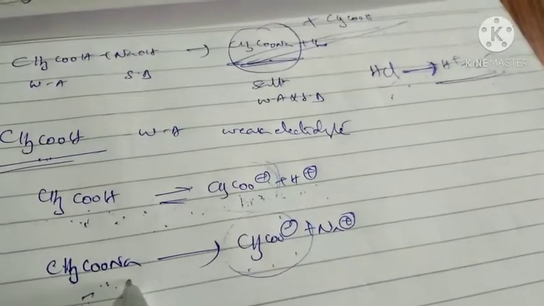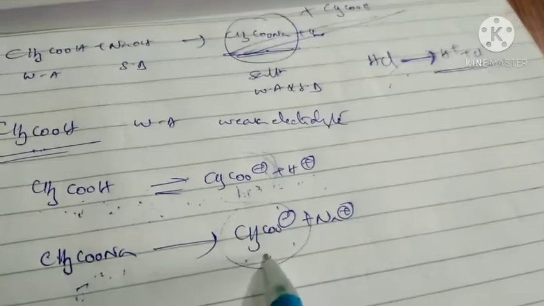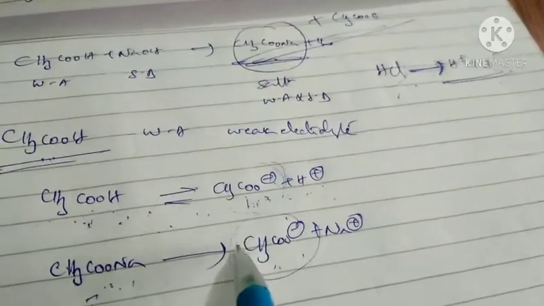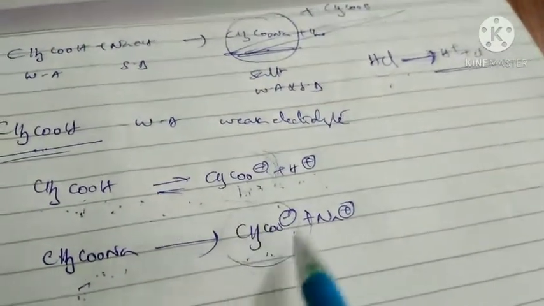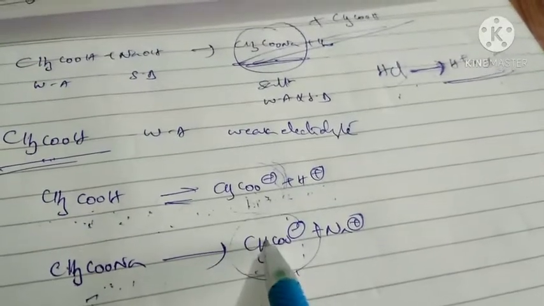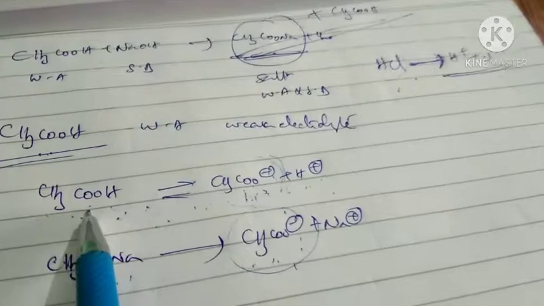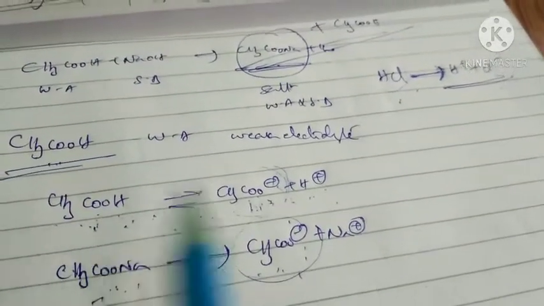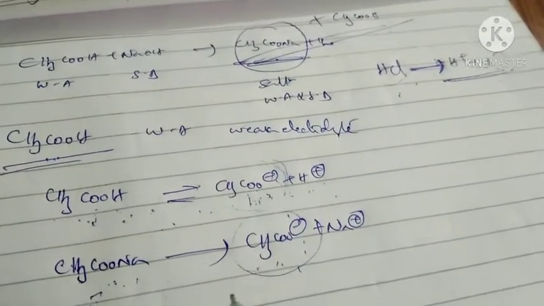If we add this one, again this ion is produced by dissociation. So this ion is the common ion because it is present here and already present here also. Because of the common ion effect, the dissociation of acetic acid decreases, or is suppressed. That is called the common ion effect.